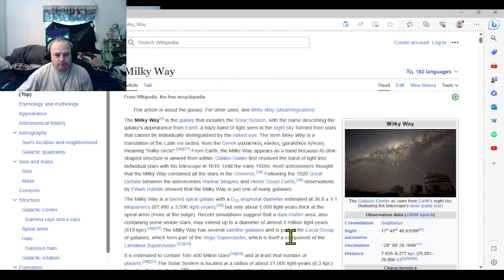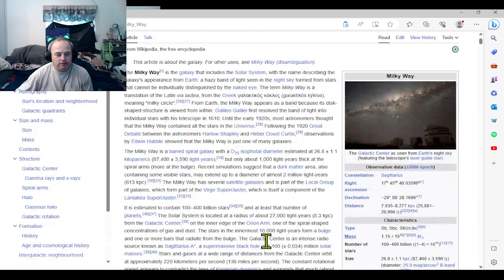Now what we have to do is find another galaxy to compare it to, right? 1.15 trillion of our suns is the mass, okay?